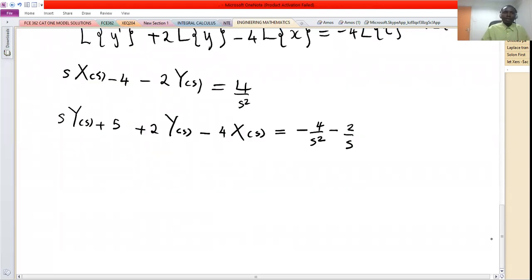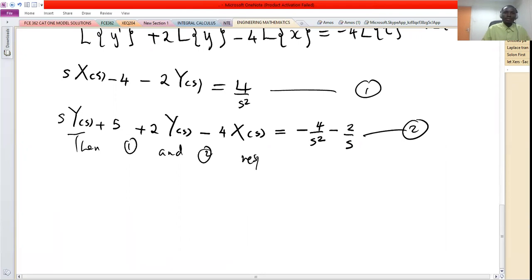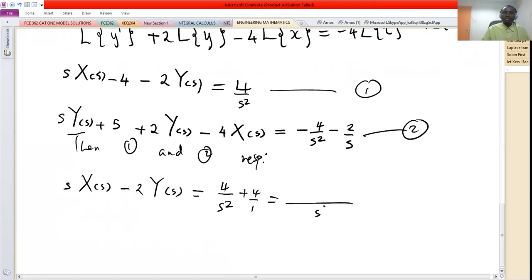So if we call this one 1 and this one 2, then 1 and 2 become, respectively, s X of s minus 2Y of s equals 4 over s squared. This one will be plus 4, which you can put under LCM to have 4 plus 4s squared. Let's call this new equation 3.